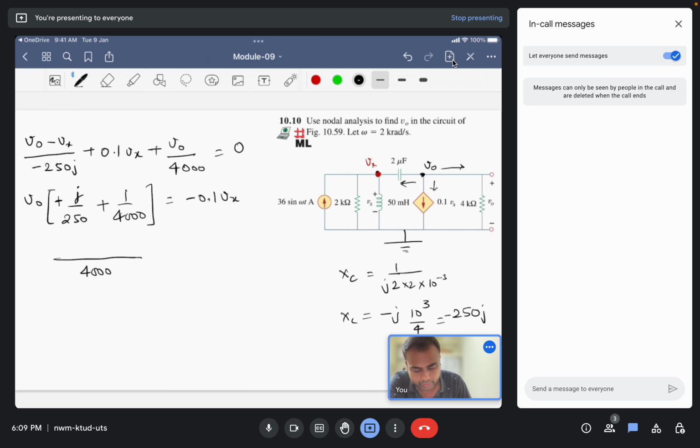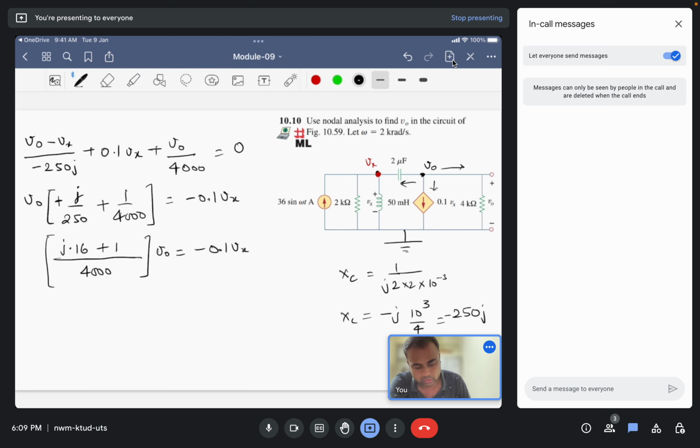Taking the LCM here, this will be J multiplied by 16, since 4000 by 250 comes out to be 16, and plus 1. So this times V naught is equal to minus 0.1 Vx.